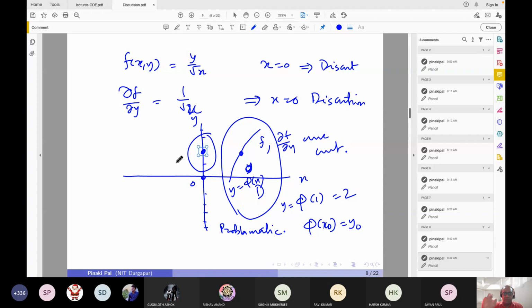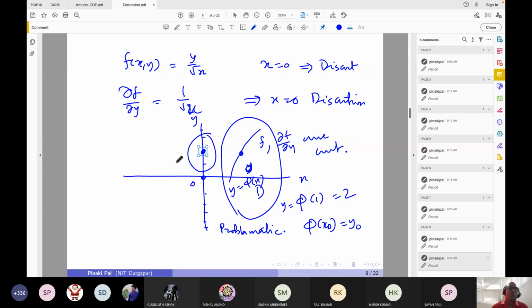Okay, so if the conditions of Picard's theorem are satisfied by the differential equation, then in that domain, existence of a unique solution passing through a given point is guaranteed. And if the conditions of Picard's theorem are not satisfied, we cannot comment. Solutions may exist, may not exist, and more than one solution may also exist.